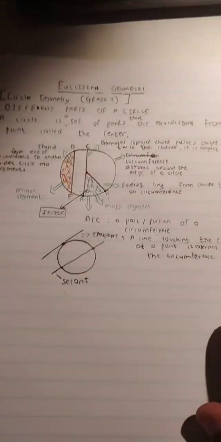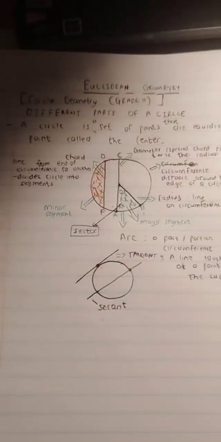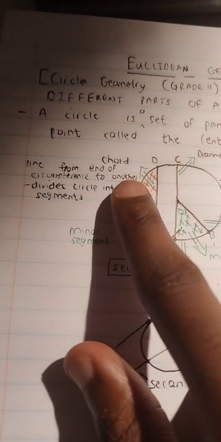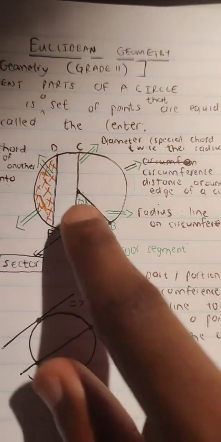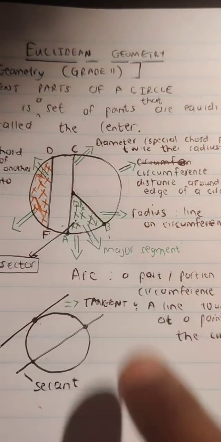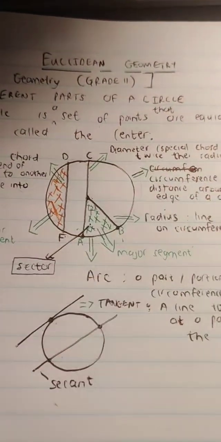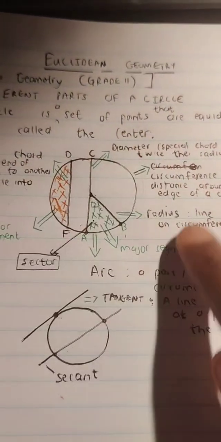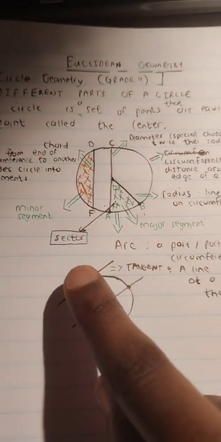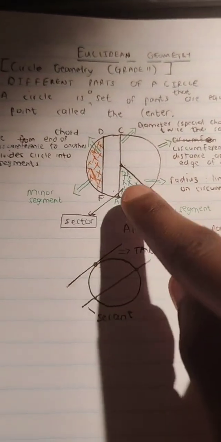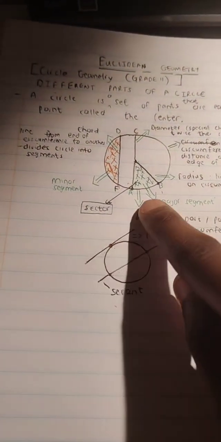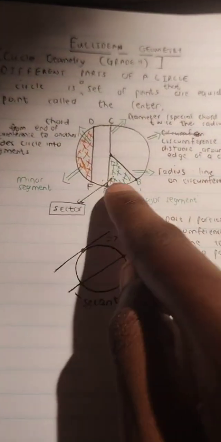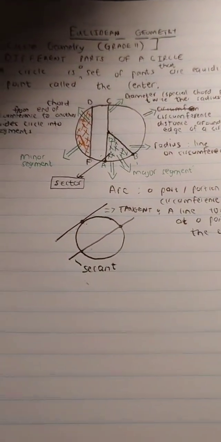All right. Okay. So guys, once we have a pretty good grasp and understanding of these things, what a center is, what a radius is, what a chord is, what a diameter is, what a circumference is, what a minor and a major segment is, what a sector is, what a tangent is, what a secant is, what an arc of a circle is.